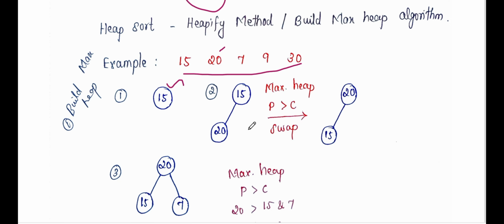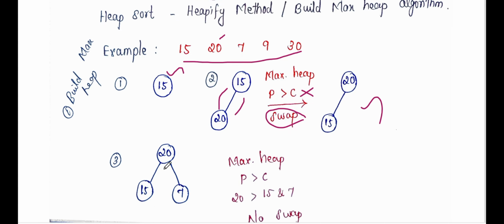Then check one more condition, because we are building a max heap: in a max heap the parent node is always greater than the child node. Is the parent node greater than the child node? No, the parent node is less than the child node here. So perform the swap operation. Swap these two nodes. This is the final result.